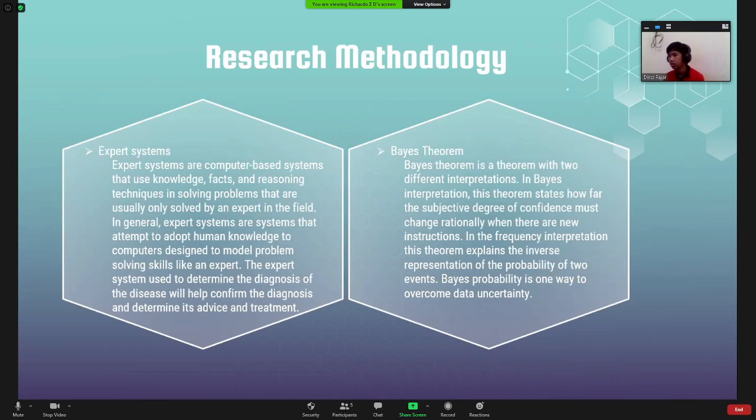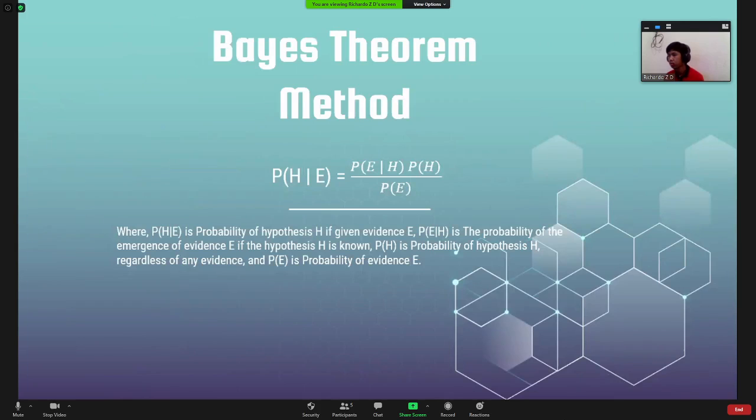And next, okay, please, Mr. Reza. And yes, so this is the Bayes theorem method, which is the equation.